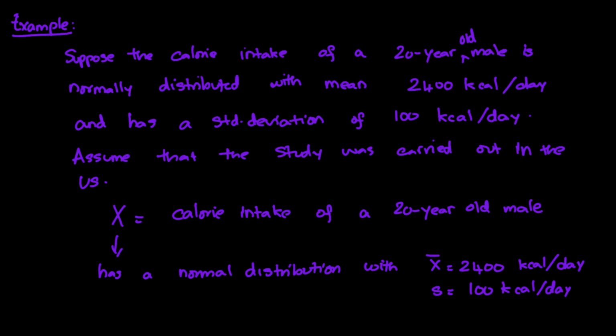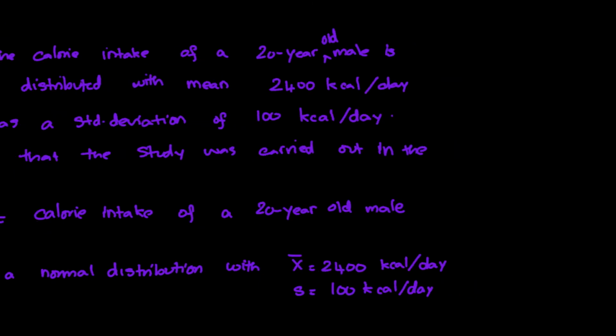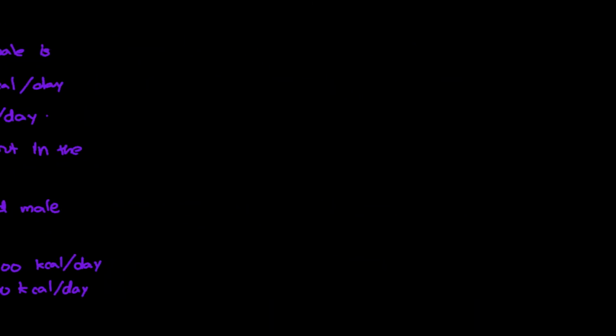So in a problem like this, if you want to use the empirical rule, it's always best that we sketch the distribution out. Let's create a problem first before we draw the sketch.